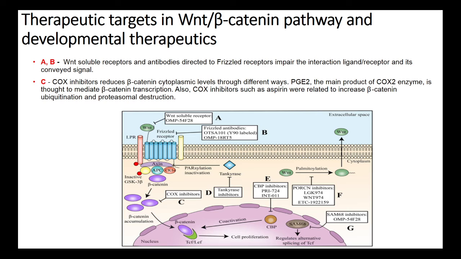Second variant, we can block this Frizzled receptor. And in these pictures, we can see cyclooxygenase inhibitors, which work after all this; beta-catenin is free and wants to come to the nucleus, but these inhibitors will not allow it, and so there will be no effect.